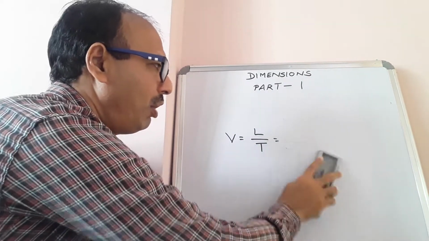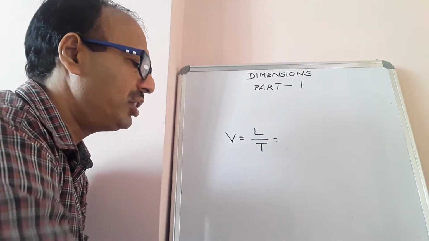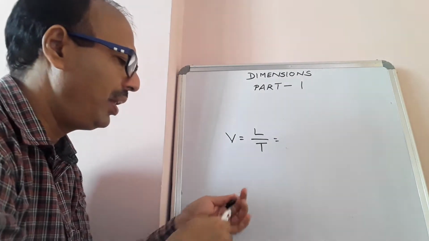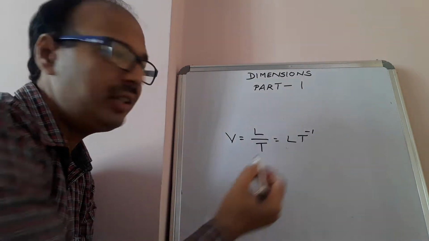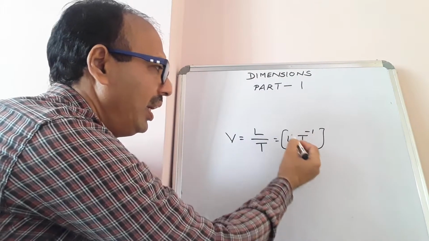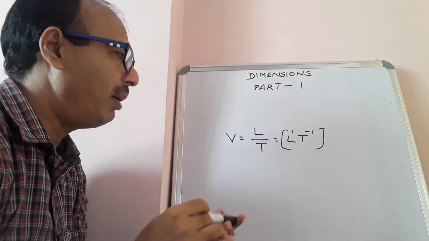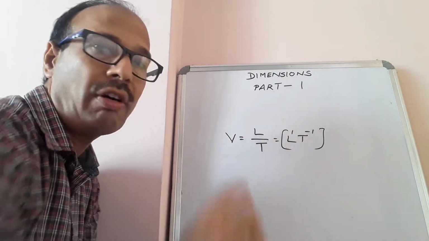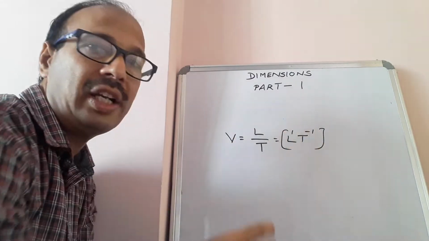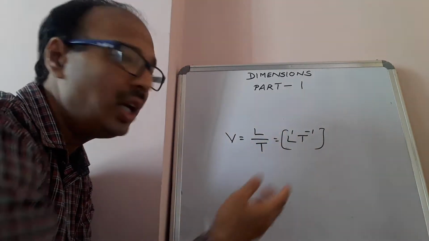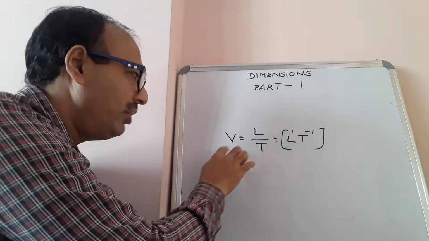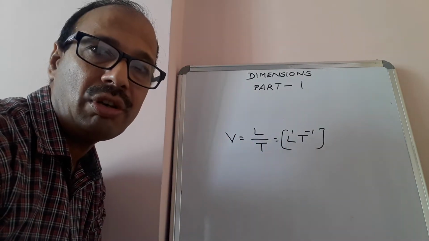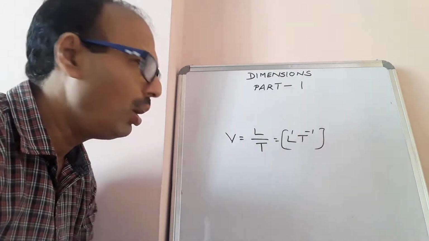So the dimensional formula of this derived quantity is L t power minus 1. Here the power of L is 1, the power of t, the dimension of time, is minus 1, the dimension of length is 1, and if mass is not there, the dimension of mass in this dimensional formula is 0.